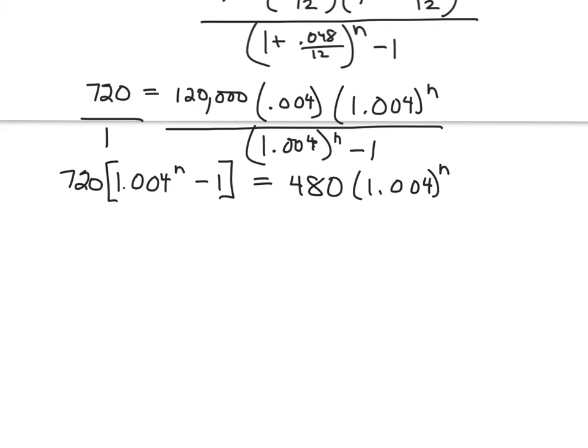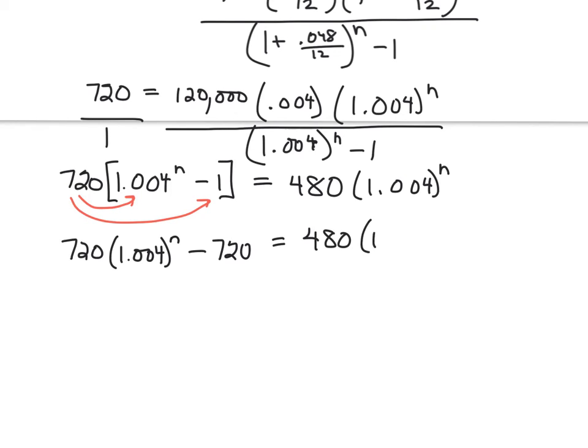Now take a second and do the distribution. 720 has to multiply by both of these on the left side. So I now have 720 times 1.004 to the n minus 720 times 1, which is just 720. On the right side, I still have 480 multiplied by 1.004 to the nth power. Now I notice that 2 of my pieces have a 1.004 to the n, one on the left side, one on the right side.